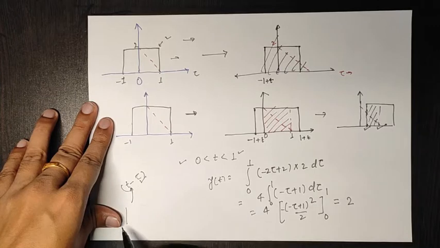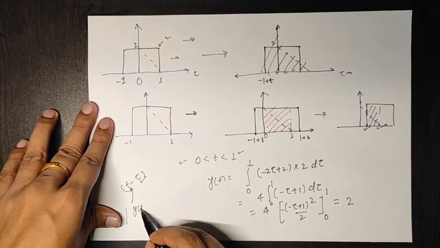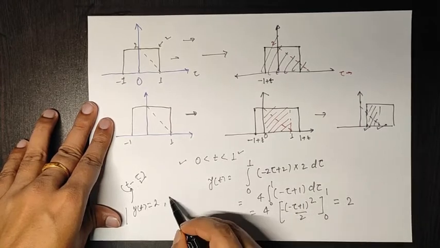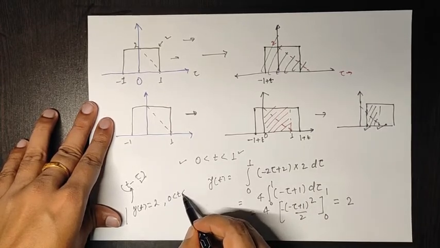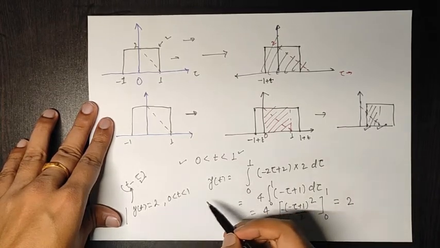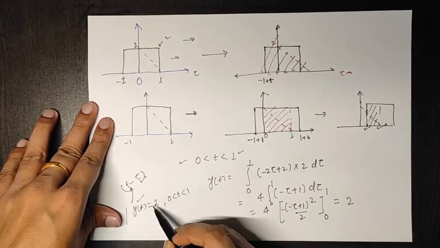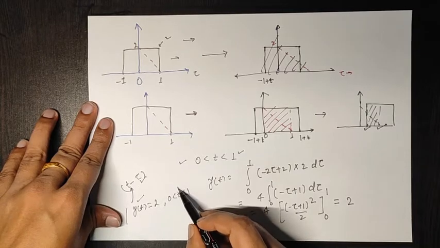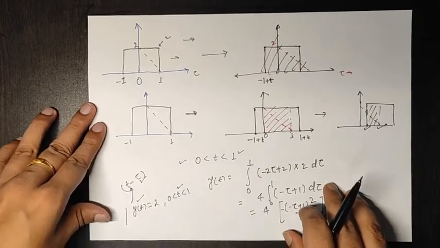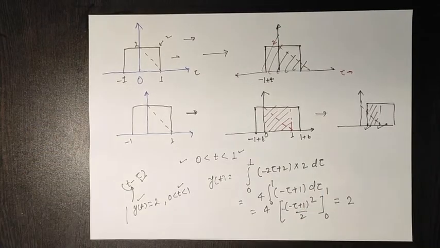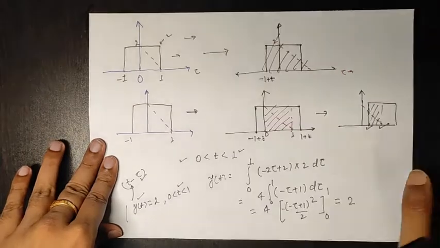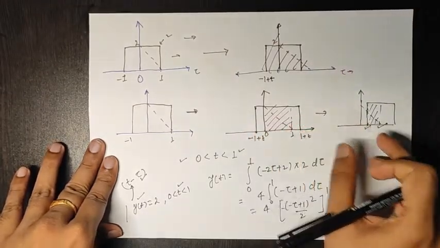So you can see here y(t) has a value of 2 for the interval t from 0 to 1, and at the last, after finding the value of y(t) at all values of t, we will combine them in one form. So let's do the shifting furthermore.